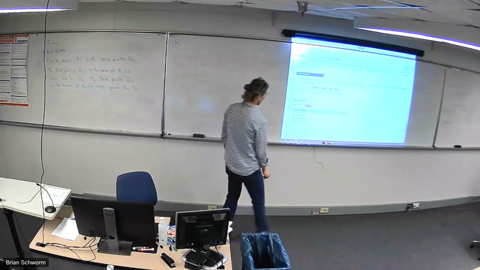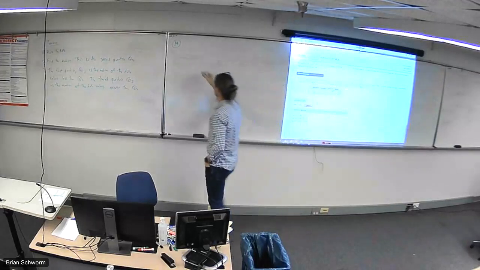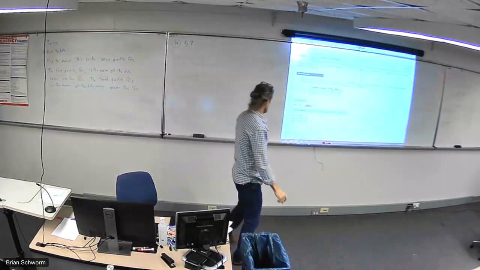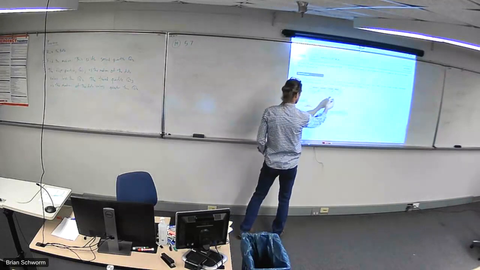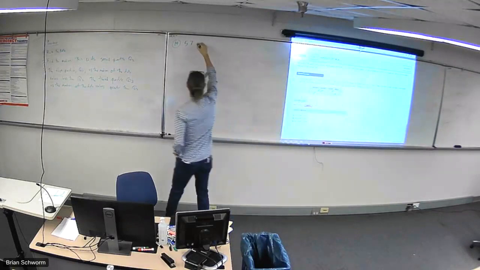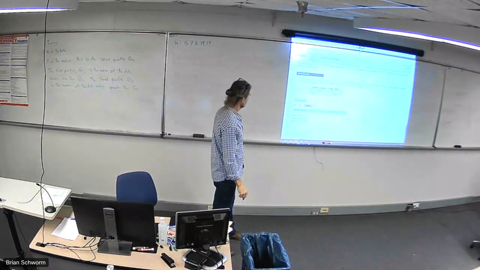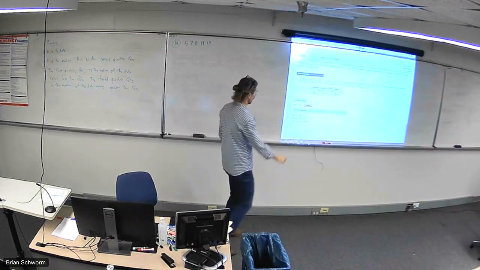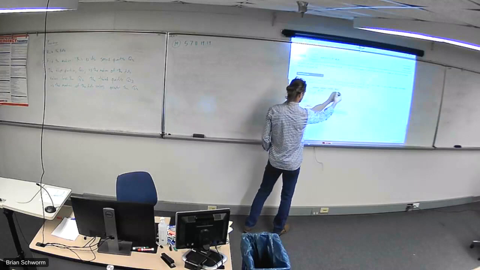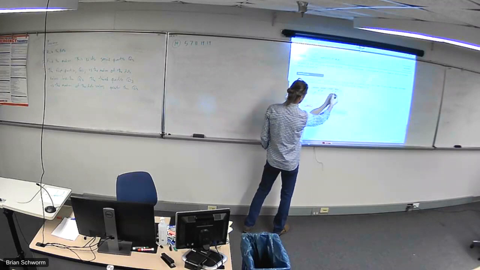5, 7, 11, 11, 19s, 19s. The 30s, let's see, there's 35s. Oh, there is one difference, 29, 29.